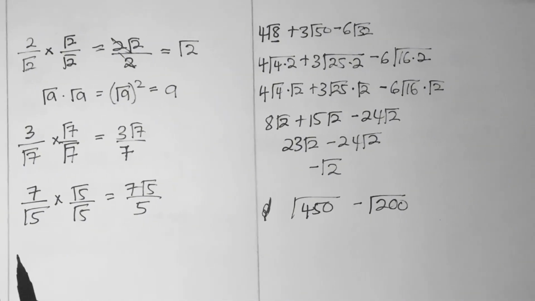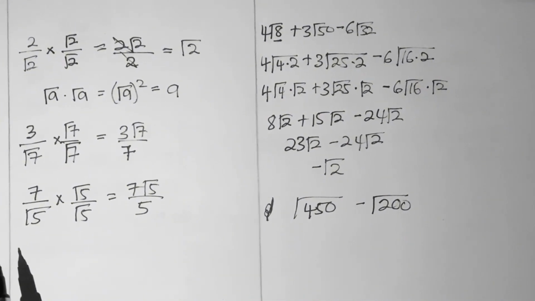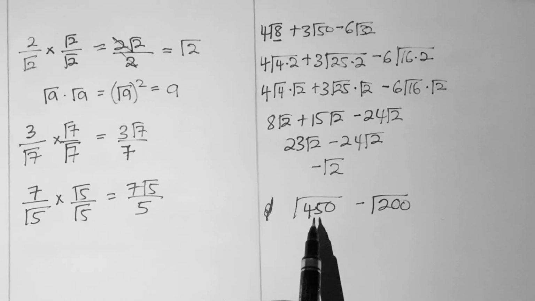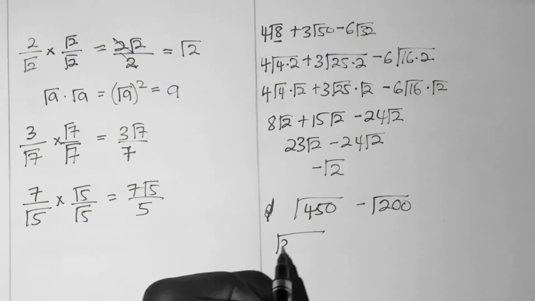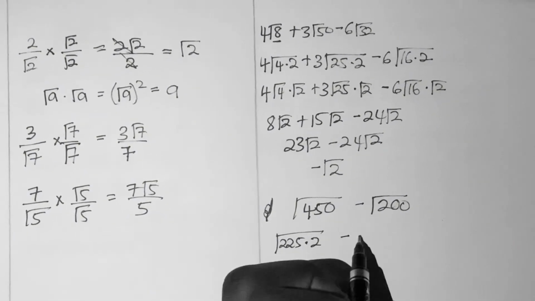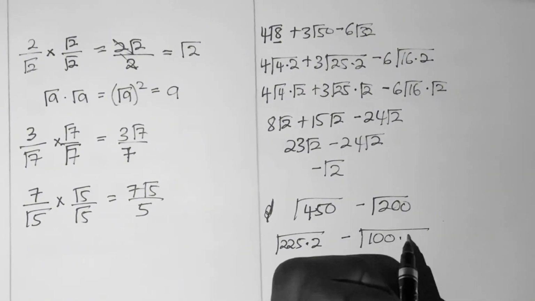So let's simplify square root of 450 minus square root of 200. So you see that 450 is the same as 225 times 2. So this becomes square root of 225 times 2. Then minus, now 200 is the same as 100 times 2.